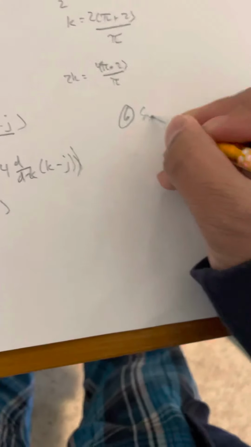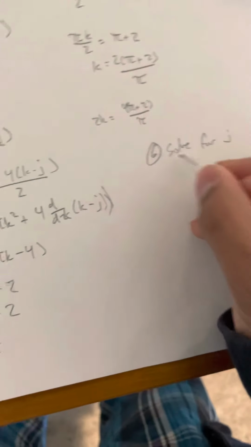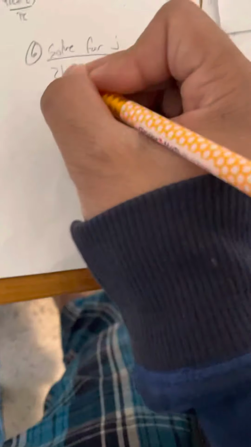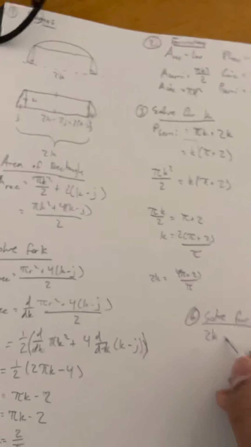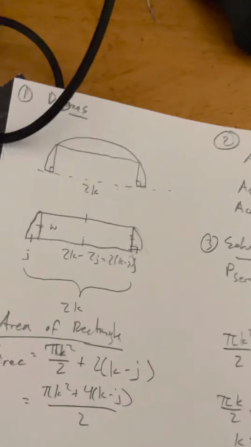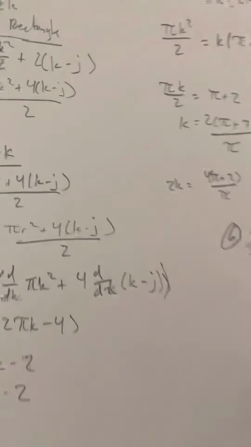So now we can solve for j, and the method we're going to use is the total length of the semicircle-ish is 2k, and the length of our rectangle is 2k minus 2j. So now you can see why we needed two different k values.